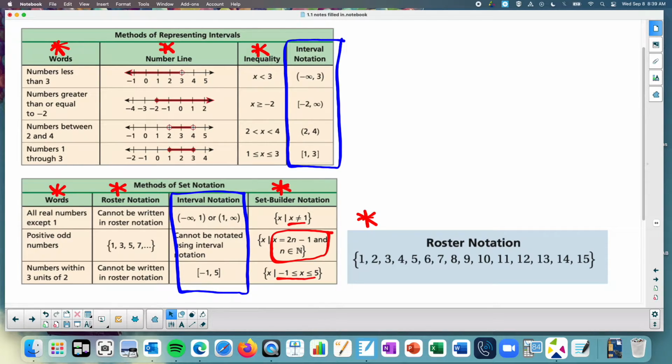The one that I circled looks hard and weird. Do you guys know what that one says? Does it just look too complicated? So this says the set of all x's such that x is equal to 2 times n minus 1. And then this tells you that n is a member of the natural numbers.